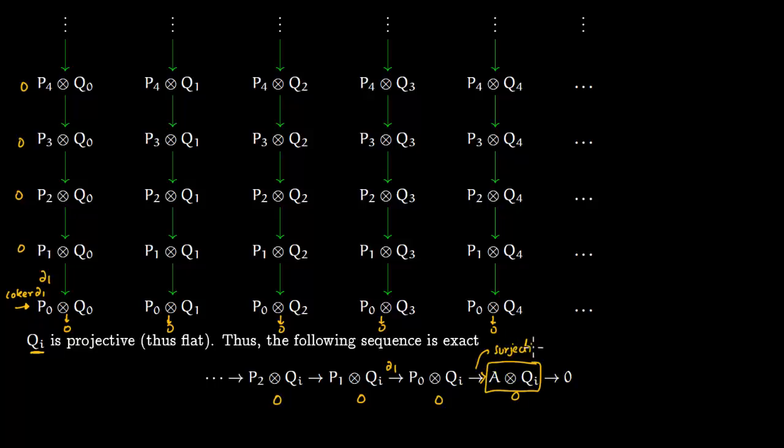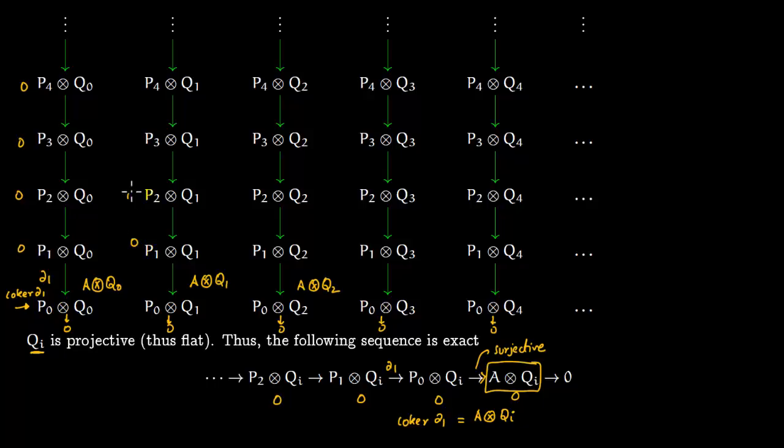Since this is surjective, that immediately implies that the co-kernel of our partial 1 is precisely this. So the homology here will be nothing but, from here you can see, a tensor with Q0. Here it will be a tensor with Q1, here a tensor with Q2, and so on.